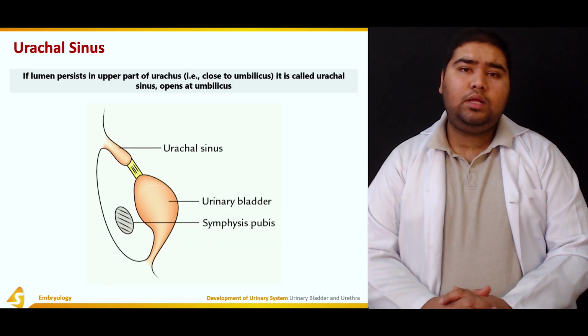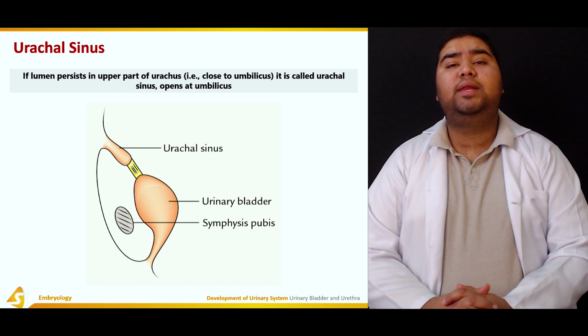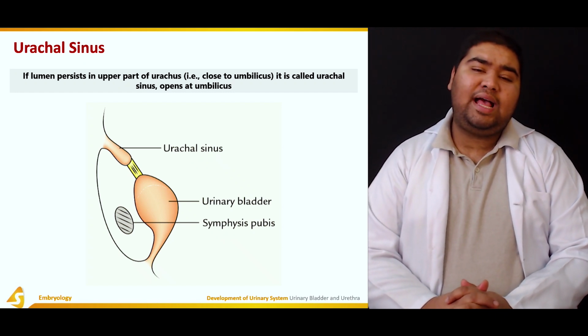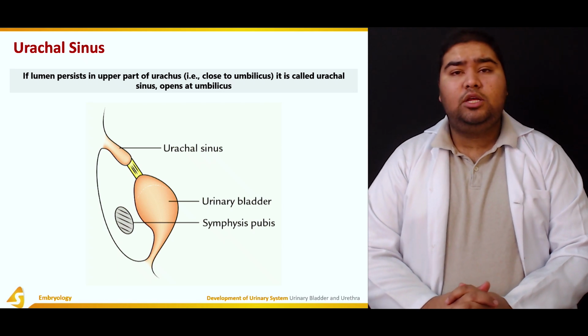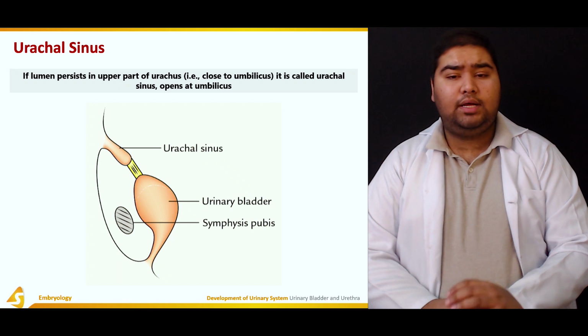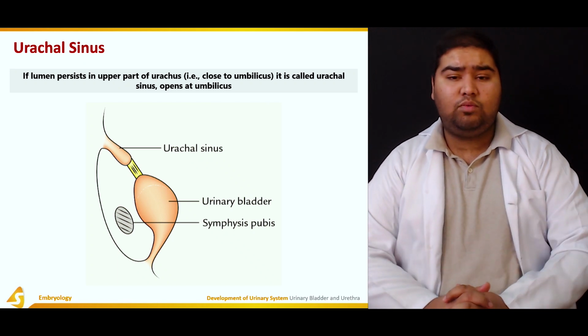So what are the developmental anomalies that may occur with the bladder? We can have a urachal sinus. So what was the urachus? I've told you before what the urachus actually was.